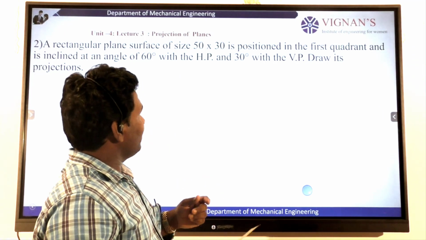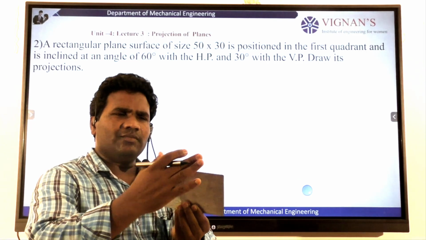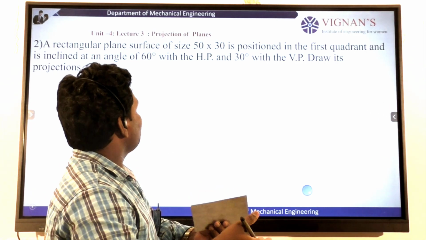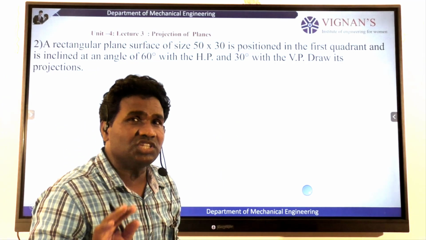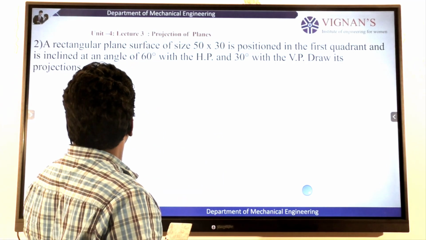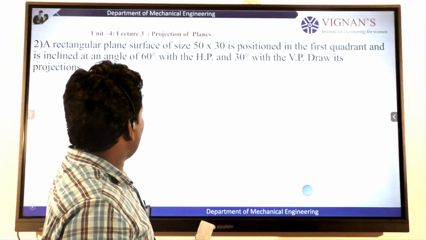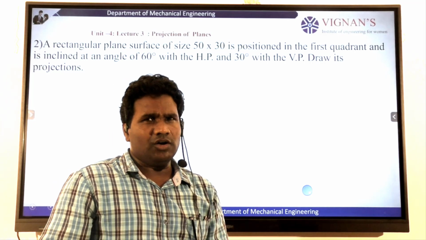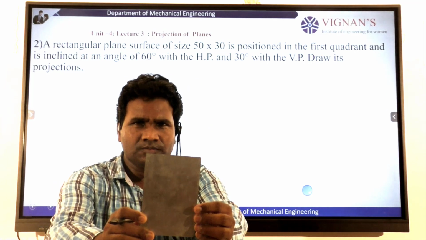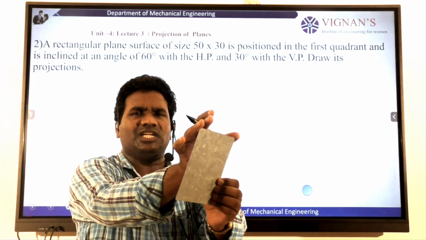Now coming to the problem. A rectangular plane of 50 by 30 mm is positioned in the first quadrant and is inclined at an angle of 60 degrees to the HP. Take this rectangle surface of 50 by 30.